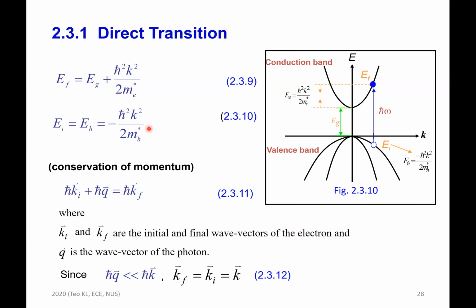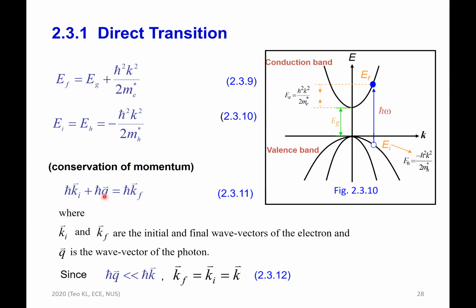By conservation of momentum, the initial momentum of the electron plus the photon momentum equals the final momentum of the electron. So Ki, Kf are the initial and final wave vector of the electron, and q is the wave vector of the photon.